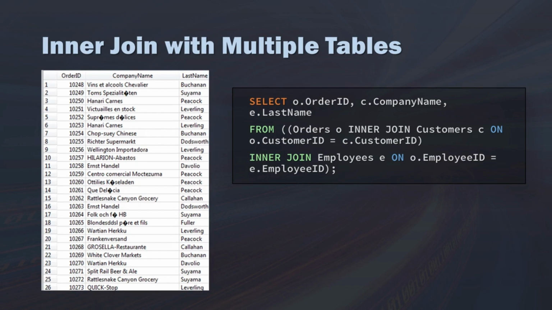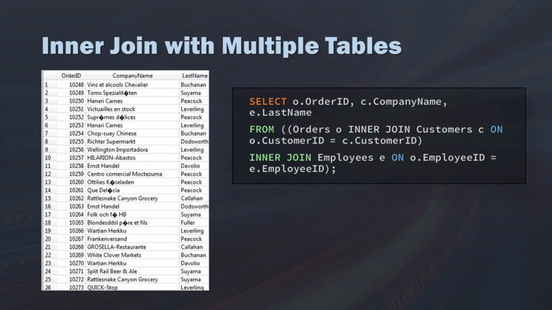Again, you can see that I just listed out my pre-qualified name with O.customerID and C.customerID. So now, at this point, I have enough to get my order ID and my company name. So right now, I know at least the orders that were placed and the customers that placed them. Now I want to know the employees associated with those orders.